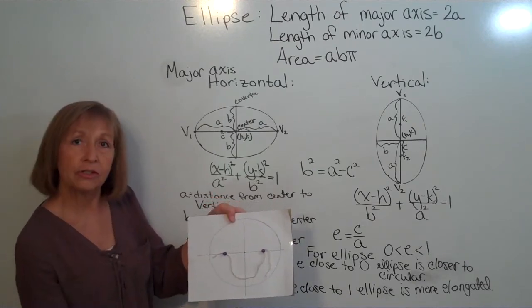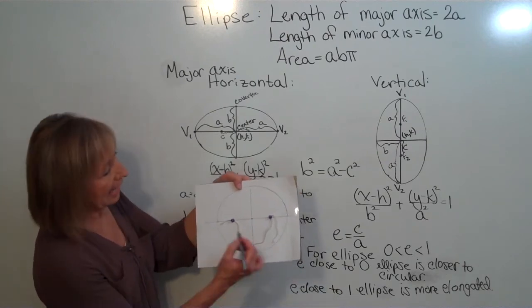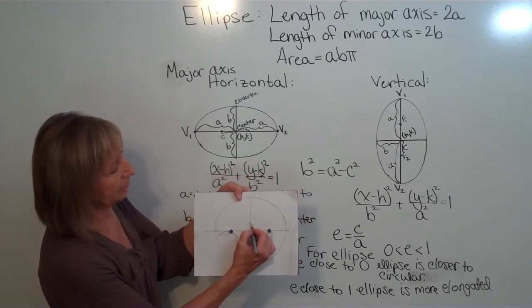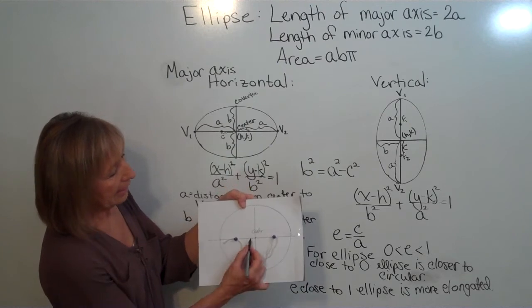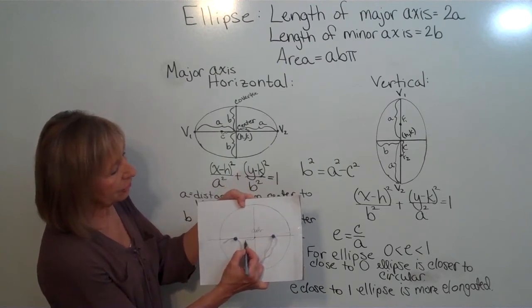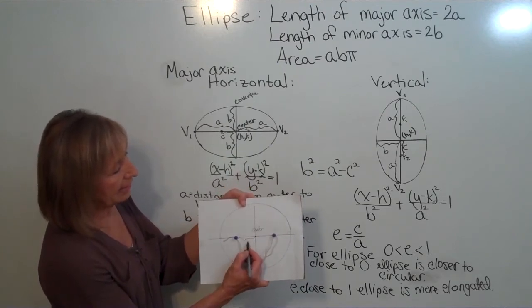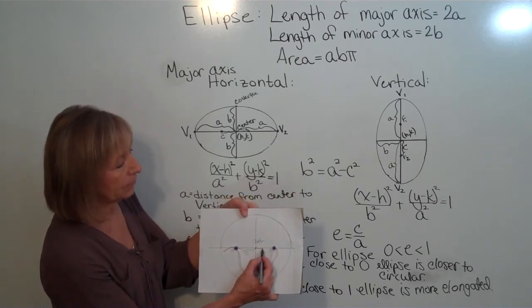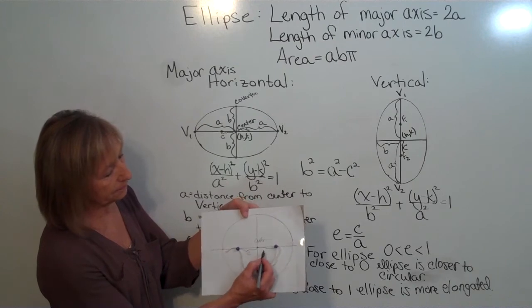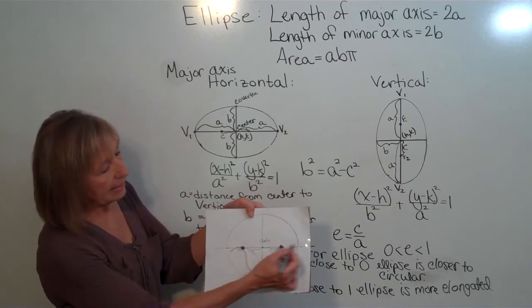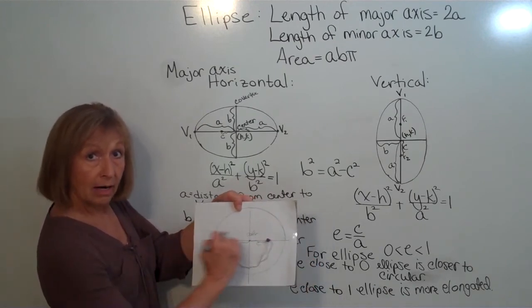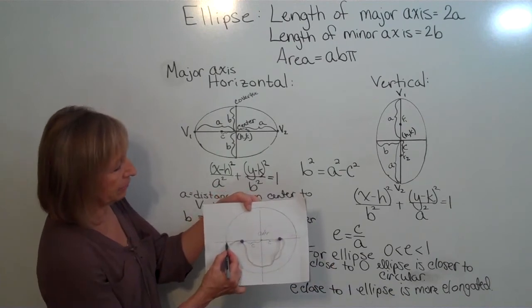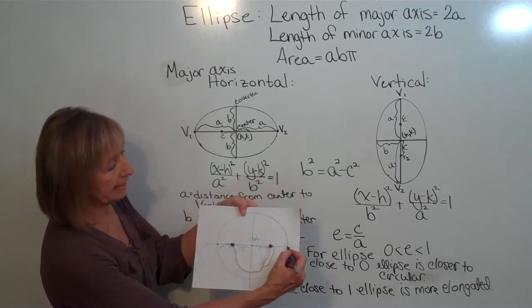The place that your horizontal and vertical axes meet is the center. And the distance from the center to the focus is a distance called C. So they denote that C throughout with the ellipse. These further out points that are on the same axis as the foci, those are called the vertices.